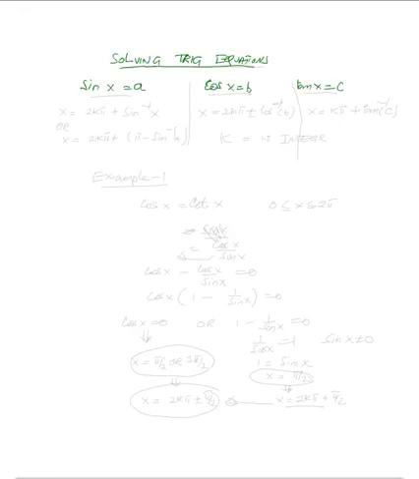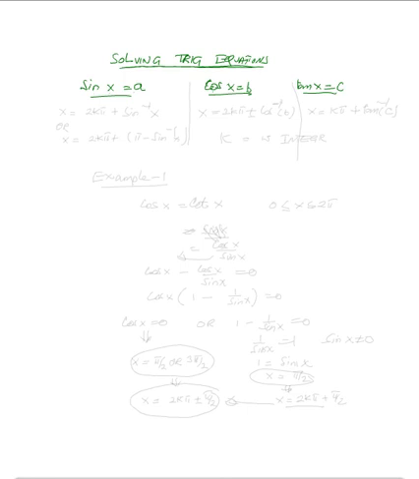Before we talk about using identities in solving trigonometric equations, let's recall the situation where we solved sin x equals a number, or cosine of x equals a number, or tan of x equals another number.